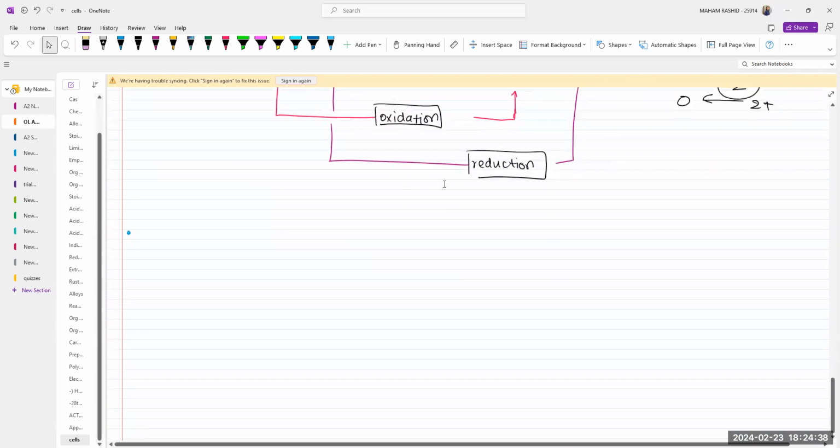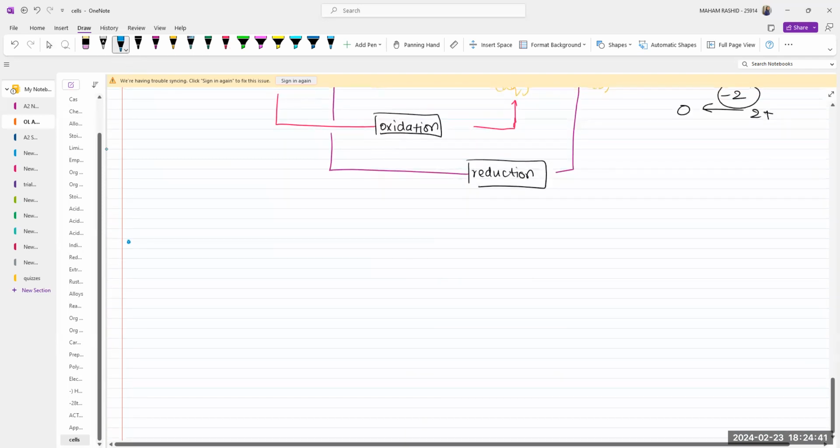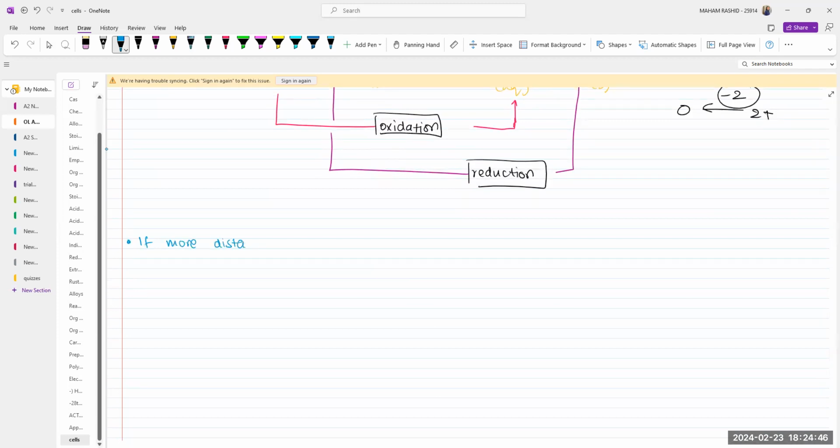If there is more distance between the metals in the reactivity series, voltage will increase.